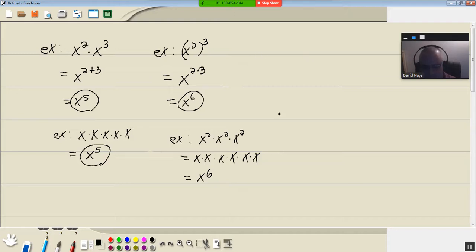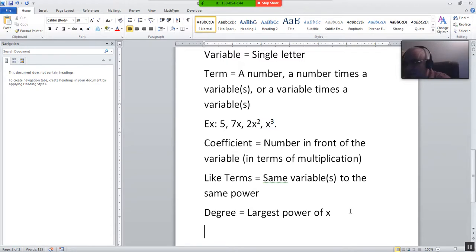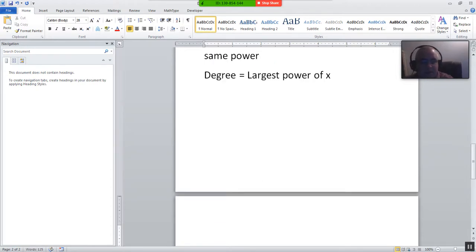Now, let me write this down. It should have this name. It doesn't, but it should. It should be called the distributive property of exponents.